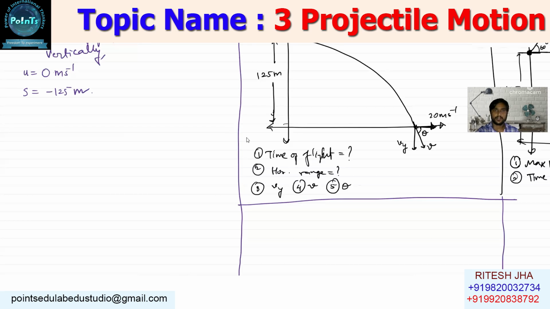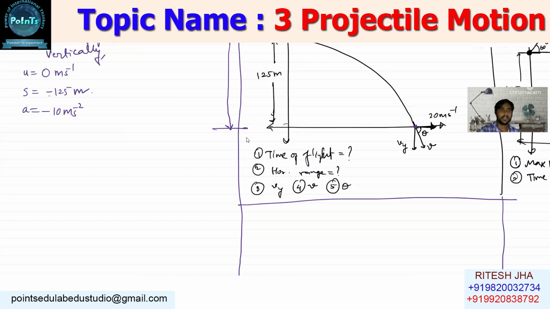From here to here, vertically, it has gone to this level, and it is the downward vector, so you have to consider negative. That's why negative 125 meters. A is equal to negative 10 meters per second squared.